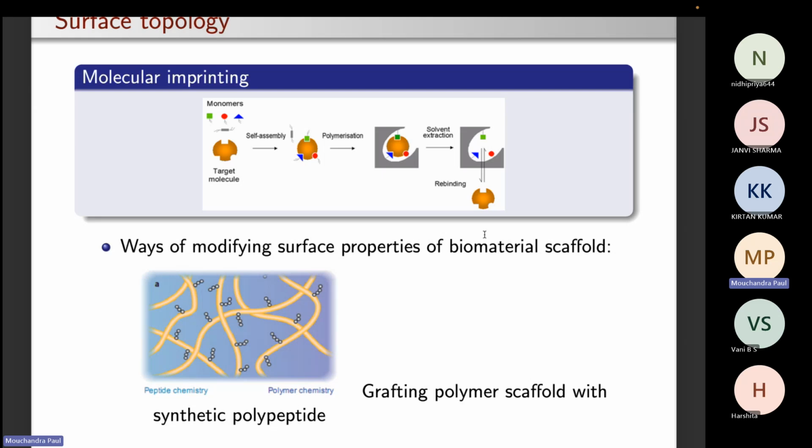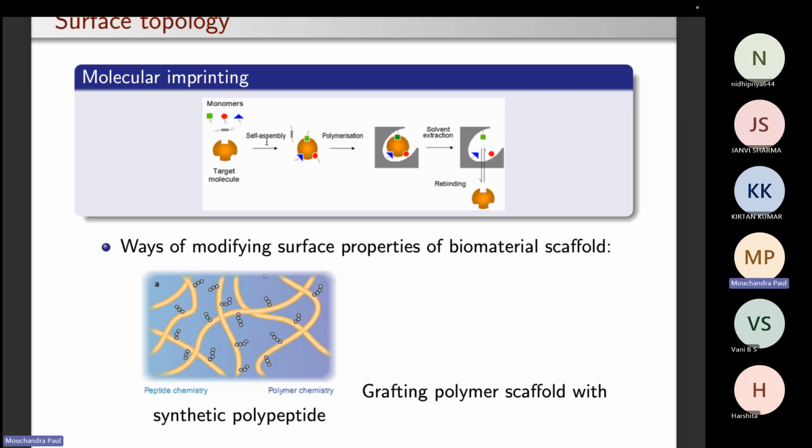Let me repeat what is happening. This is your target molecule, any protein molecule, and it has some binding sites. To these binding sites, you engineer some chemical molecules which can easily bind to them.